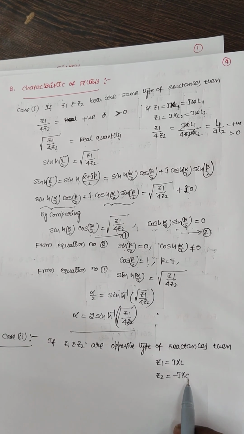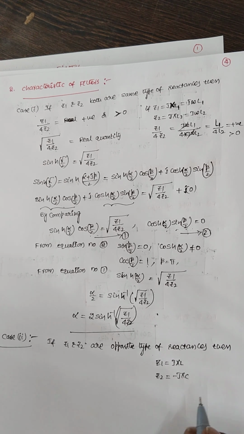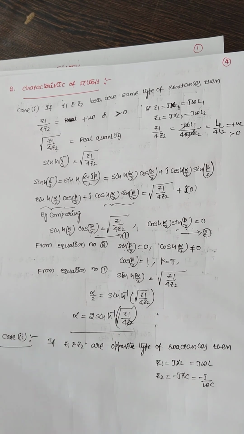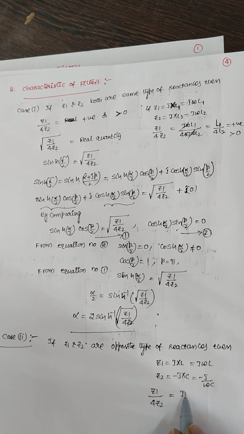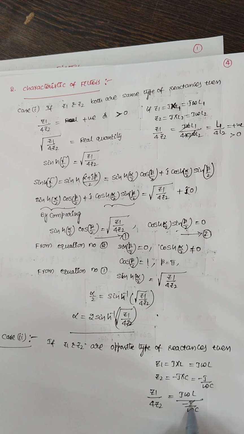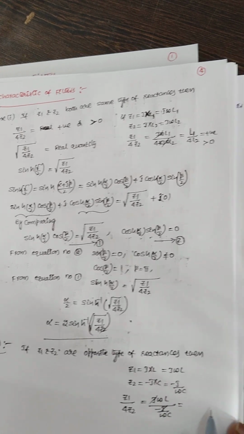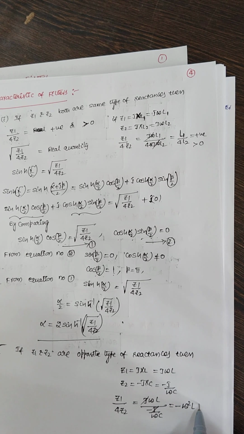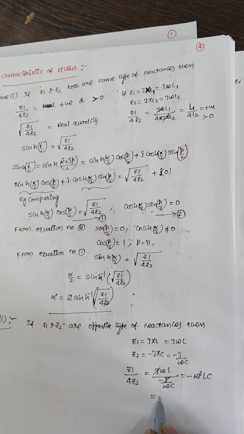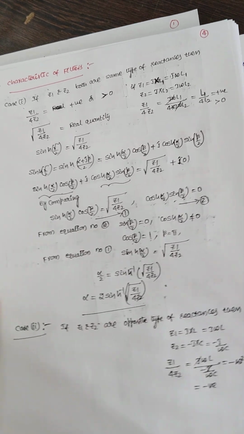If it is an inductor, the other should be a capacitor; if it is a capacitor, the other should be an inductor. Now it is j omega L and minus j by omega C, where X is equal to 1 by omega C. If you calculate z1 by 4z2, it is j omega L and minus j by omega C. This j and this j will get cancelled. So finally it is minus omega square LC. Omega is positive, and L and C values are positive here, so definitely it is a negative value, which is less than 0.